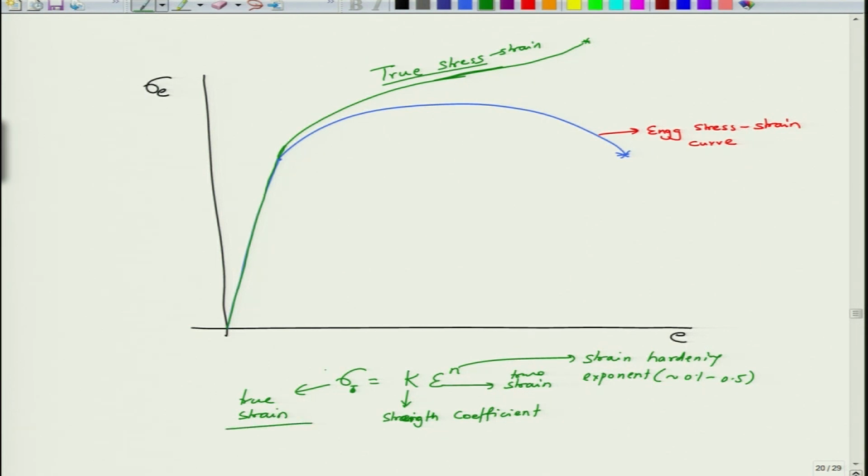So, you can see that generally the true stress is always higher than the engineering stress, okay. So, this is true stress strain, this is engineering stress strain.